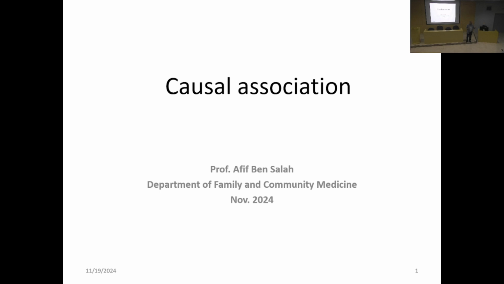What are the measures of association that we covered so far? And, yes, odds ratio and relative risk. Are they enough to confirm that the association is causal, even if this association is high? Odds ratio is far greater than 1, or odds ratio. Does it mean that this risk caused the disease?